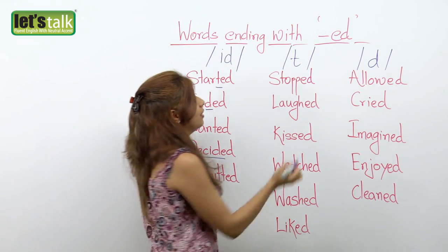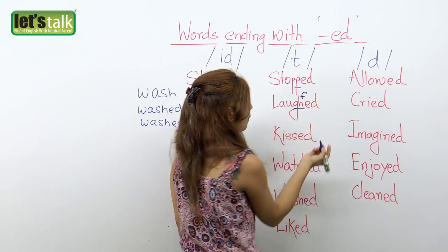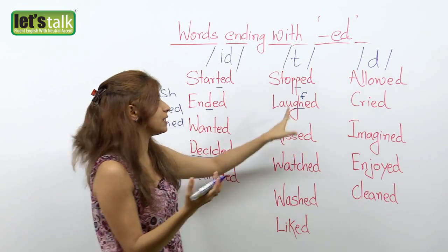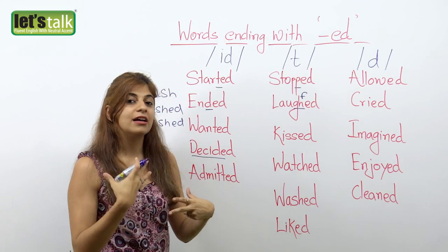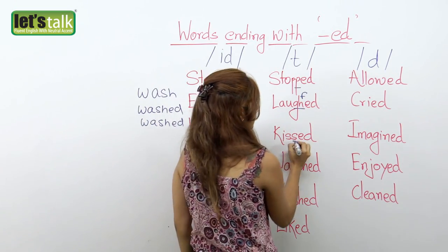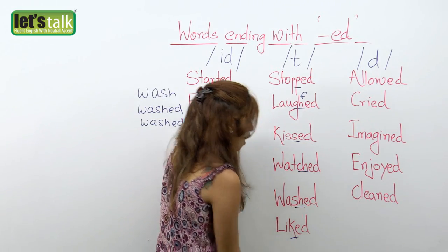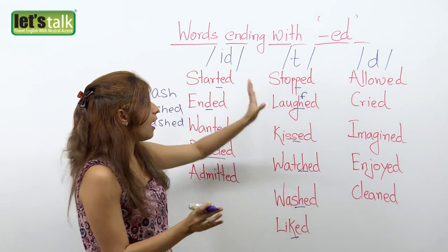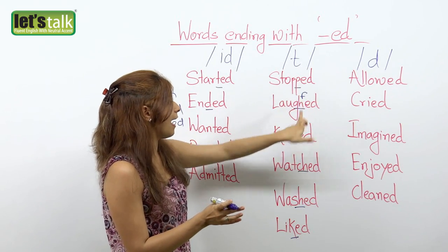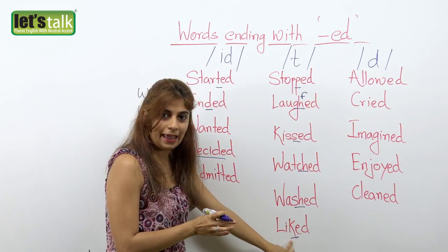Now make sure that you focus on the sounds: the sound p, the sound f, though it's spelled as gh, the sound in laugh is f. The ending sound is the f sound. Kissed, watched, washed, liked. So the unvoiced sounds are p, f, s, ch, sh, and k.